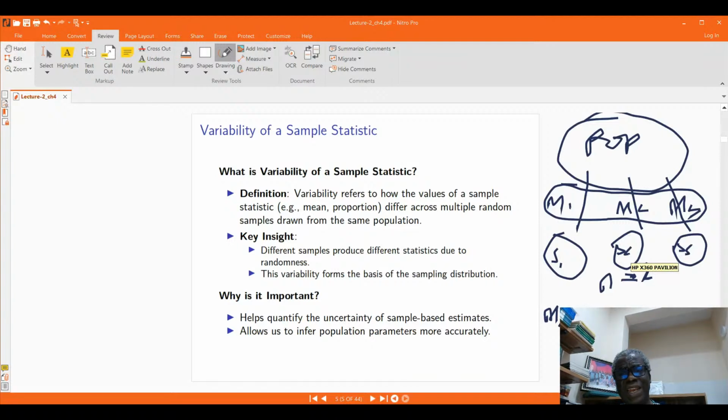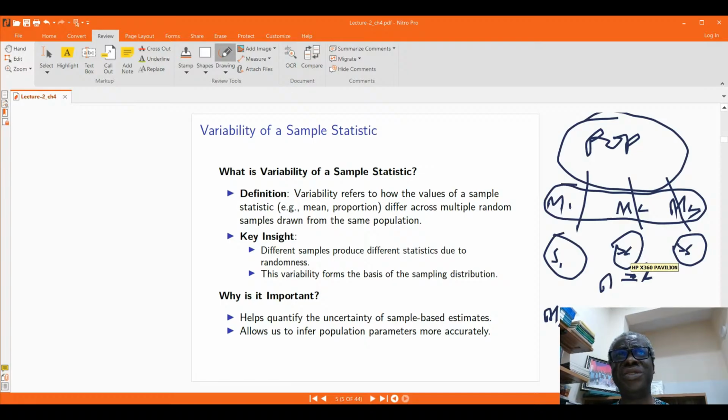It also allows us to draw inference about the population parameter more accurately, because in most situations, as earlier mentioned, the population value is fixed and unknown.